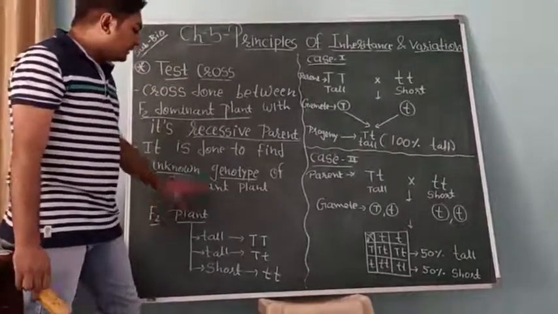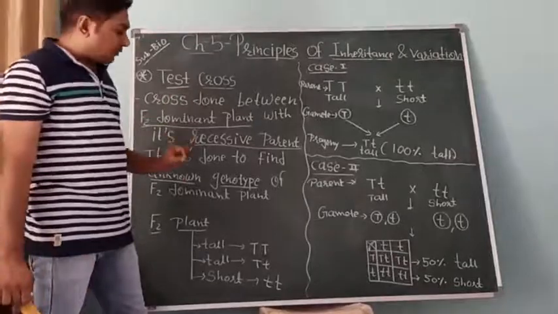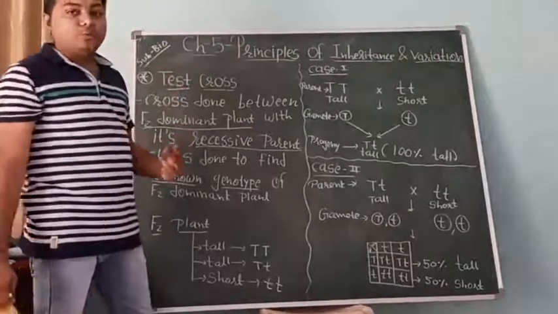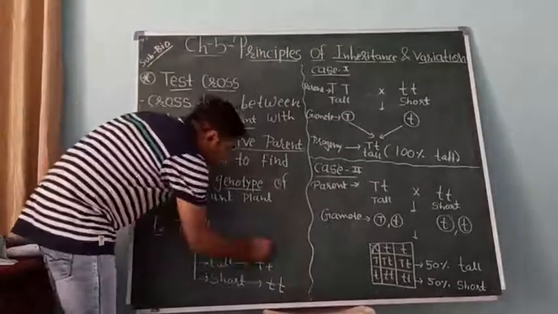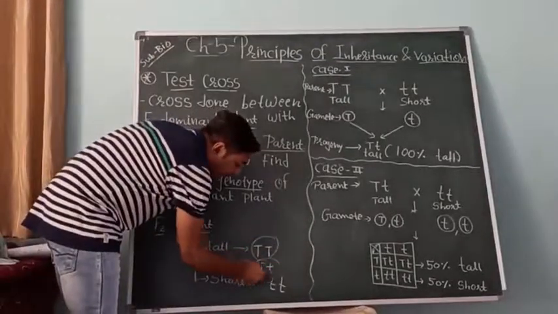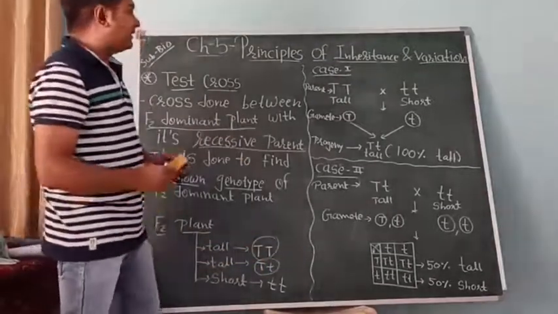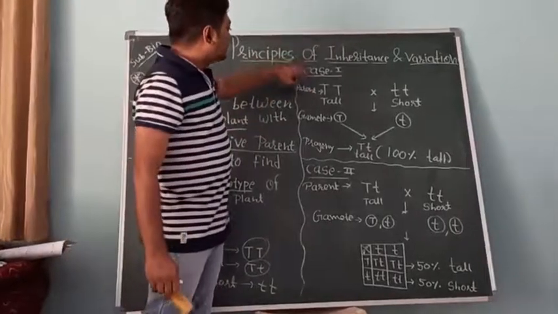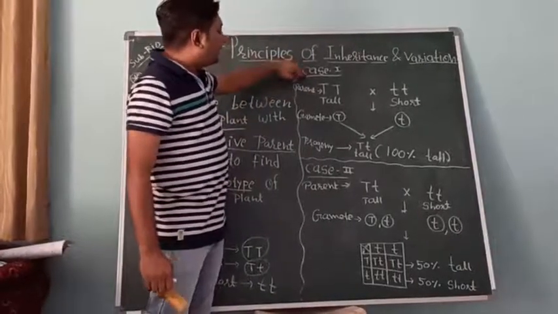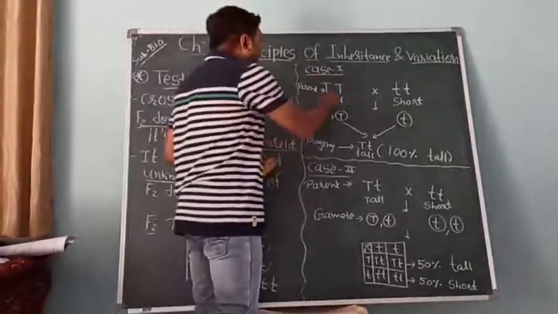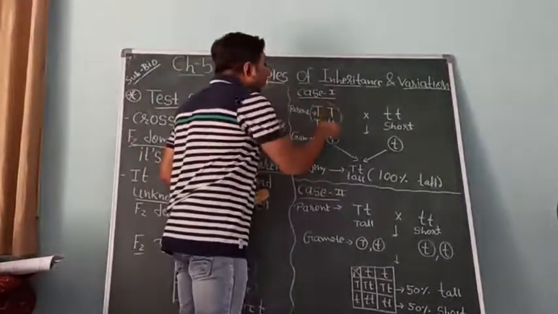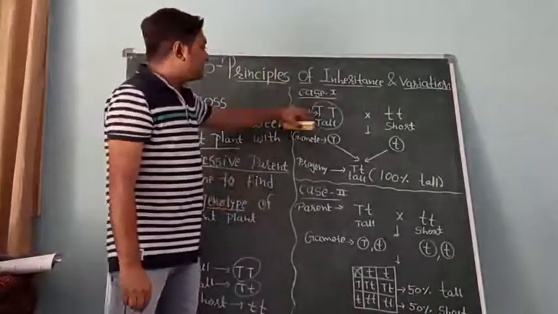For that, Mendel did a cross with the recessive parent. We have to take two cases, one for capital T capital T and one for capital T small t. Let's see the cross. First, in case 1, we take a tall plant with genotype capital T capital T. Right now we do not know the genotype of this plant, it's unknown.